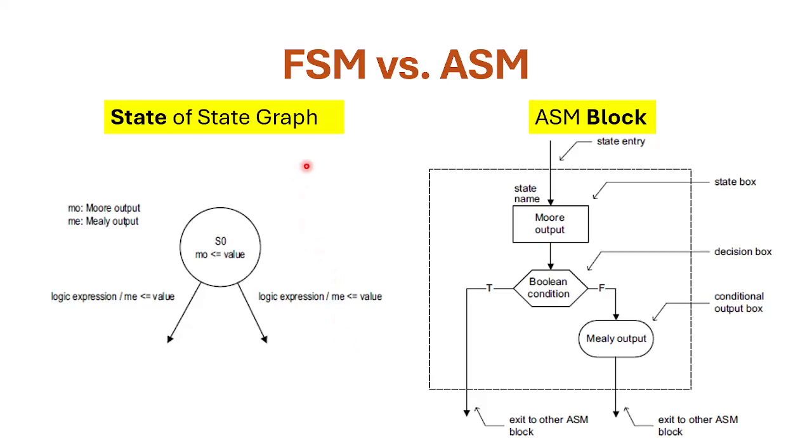So I was telling you that given a finite state machine, you can generate an algorithmic state machine chart and vice versa. You can do that by basically replacing any given state in your mixed Mealy and Moore finite state machine state graph that could look like this, and converting that to a so-called ASM block shown on the right hand side here.